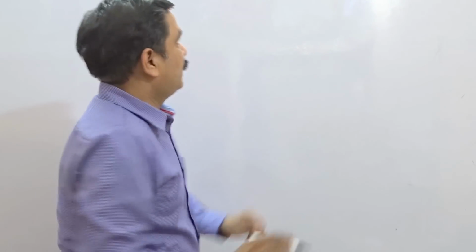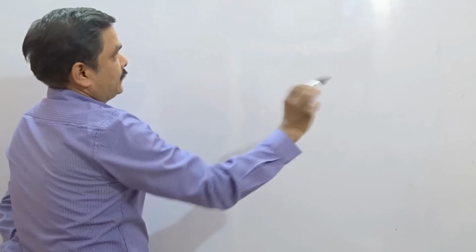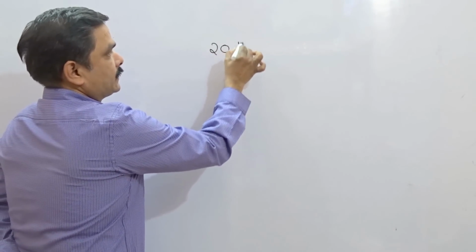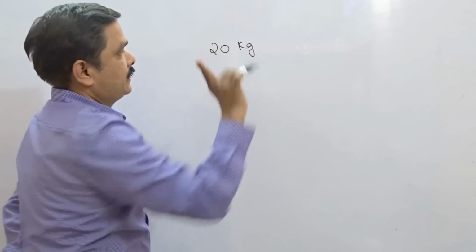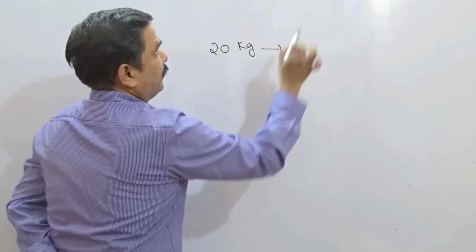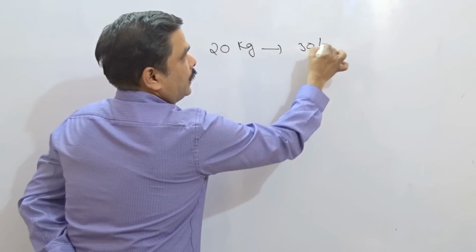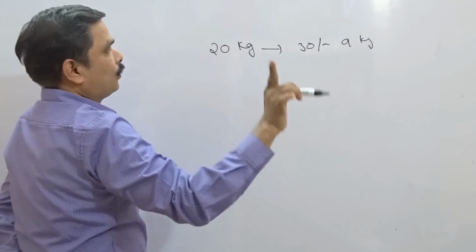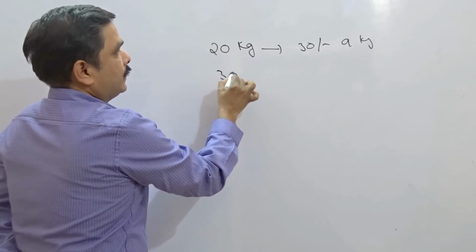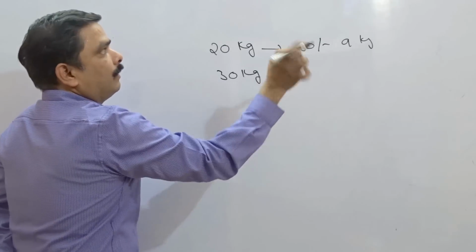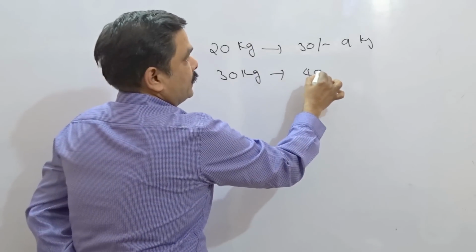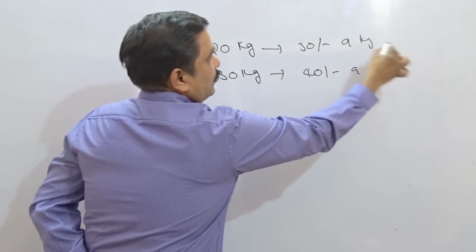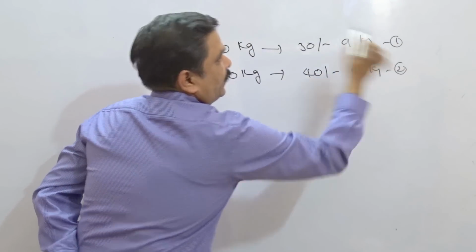Suppose they give it in this way: a trader has 20 kgs of rice of one variety, which is costing him, let us take, 30 rupees a kg. And he has another quantity, 30 kgs of rice costing 40 rupees a kg. This is the first variety, this is the second variety.